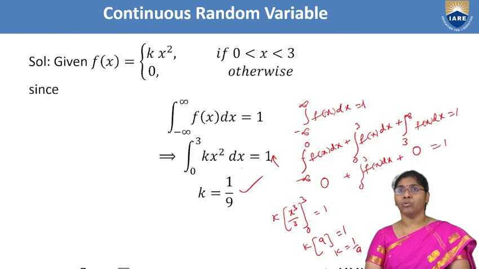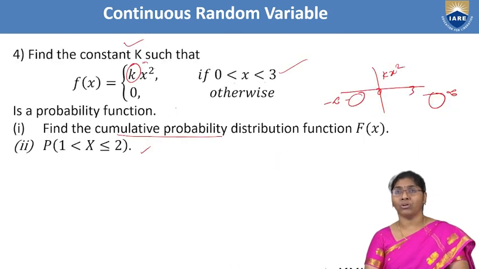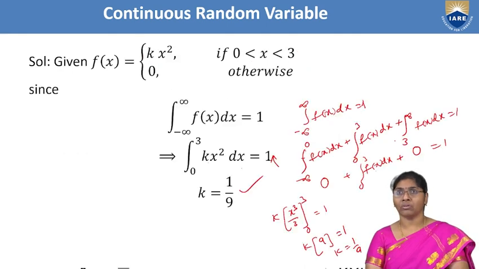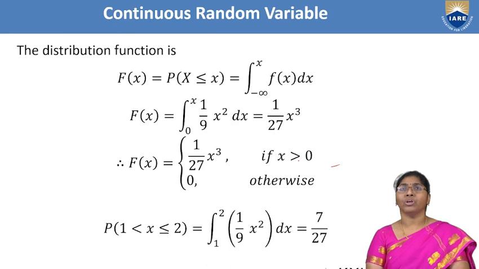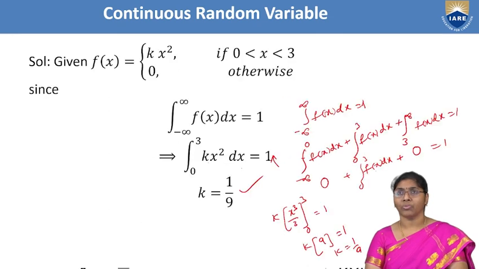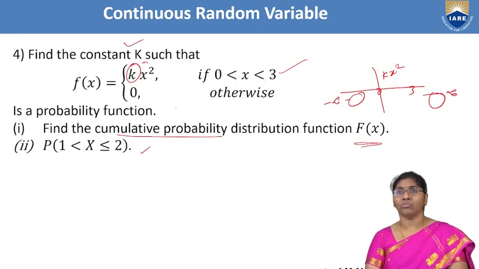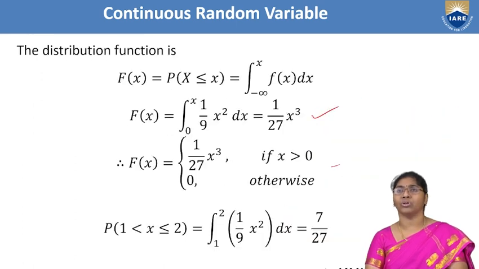They are asking for the cumulative distribution function f of x, not a value. That's why we are simply writing the function also. If they are asking only for a value, we stop here only. Compulsorily we check that also. Here they are asking for the cumulative distribution function f of x, that's why we substitute the function also.